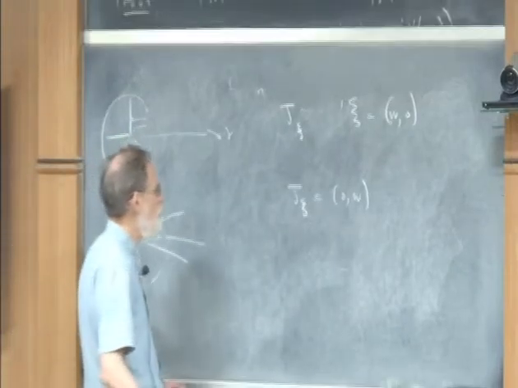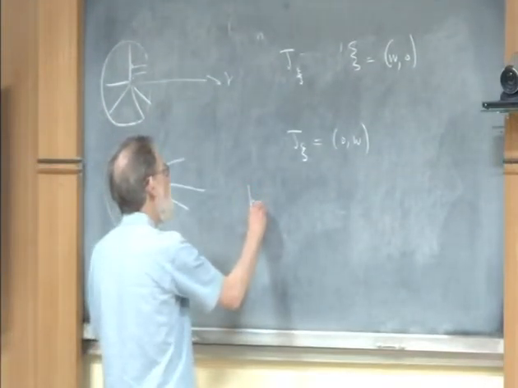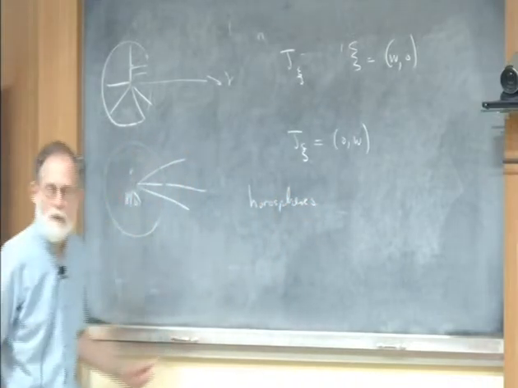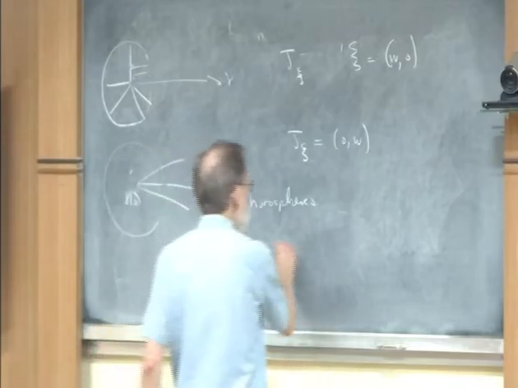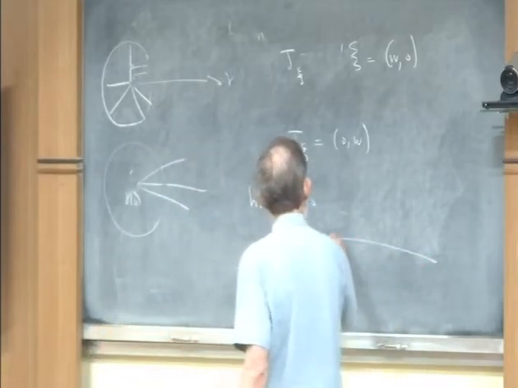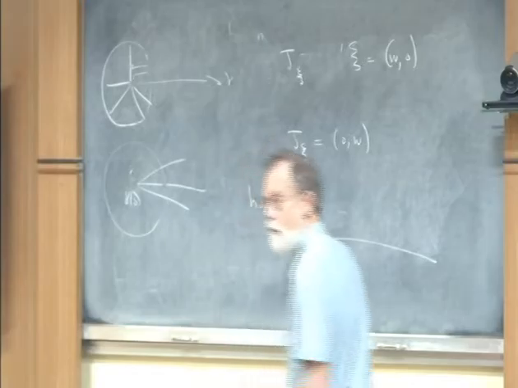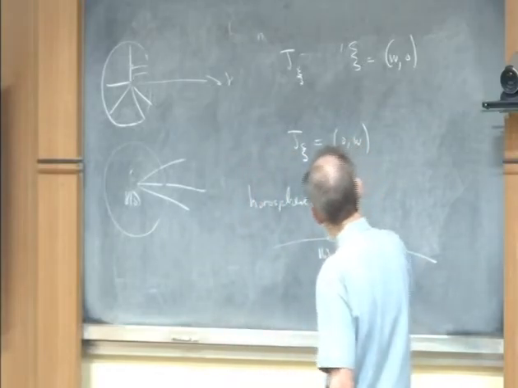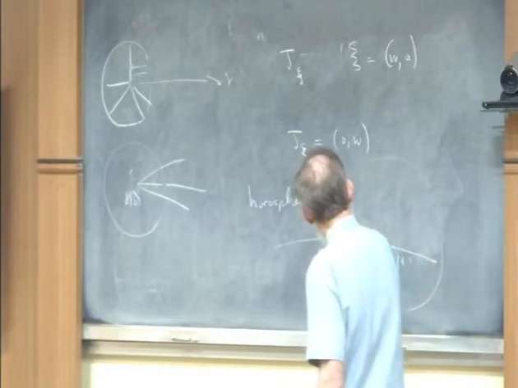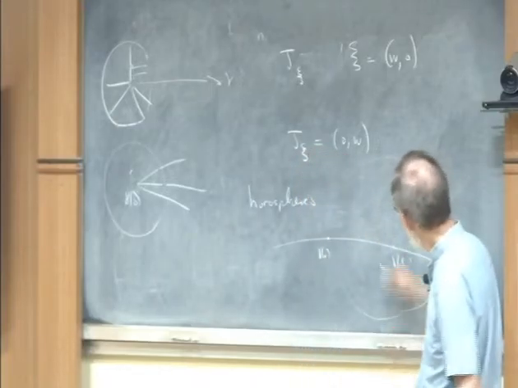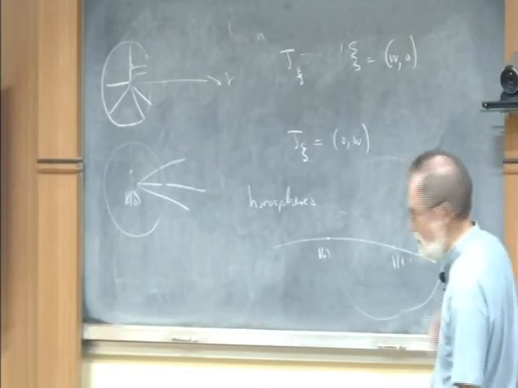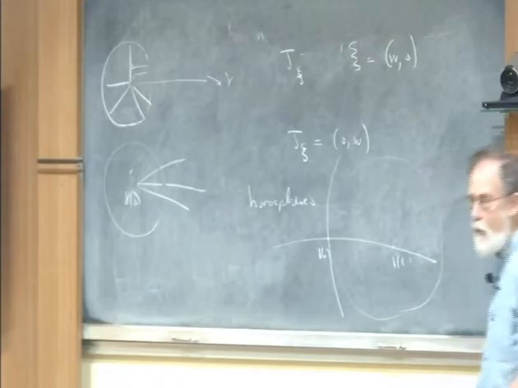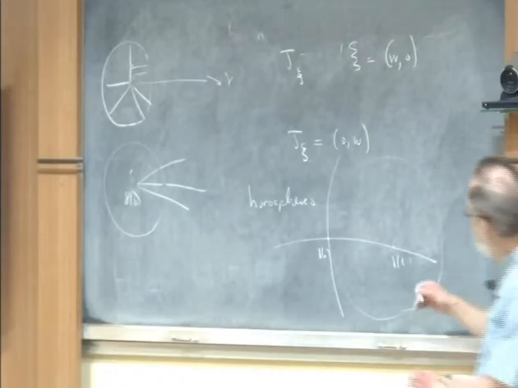Another case you could think about is horospheres. That's the other important case. So if I have my geodesic, there's gamma of 0, I go to gamma of t, I draw the sphere centered at gamma of t, and then I let t tend to infinity, and I end up with a horosphere.